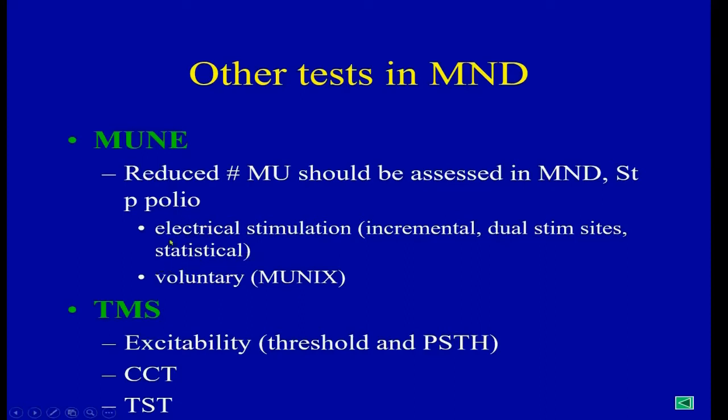EMG is more sensitive for the early diagnosis, but these techniques are very useful in the follow-up studies. Transcortical magnetic stimulation is used in some laboratories extensively to look at excitability, central conduction time, and to look at the amount of central involvement with triple stimulation techniques.